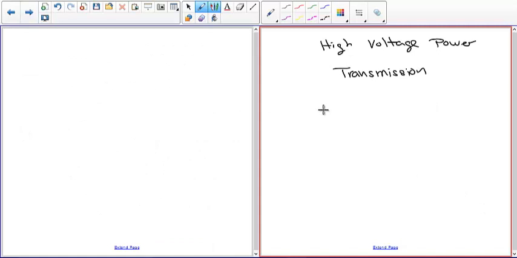So this whole idea of when the power is produced at the power plant, it's produced at, I don't know, maybe like 3,000 volts, something like that. So what they do is they increase the voltage for transmitting the power from the power plant to the local area, and then they have substations which convert that from hundreds of thousands of volts to tens of thousands of volts.